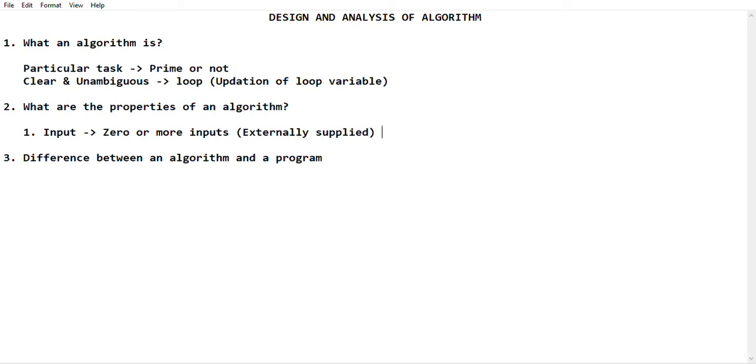Why 0 inputs? Suppose we write an algorithm which prints a string. So in that algorithm we do not need any input.